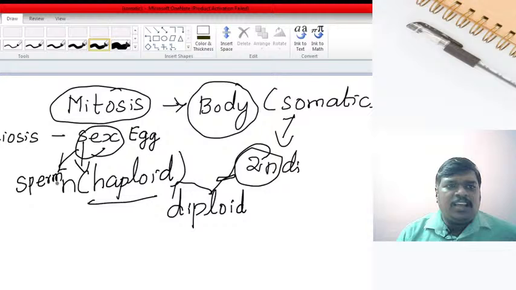The cell division that takes place in eggs and sperms, we call meiosis cell division. Okay, children. So now we will move on to the concept of mitosis and meiosis.